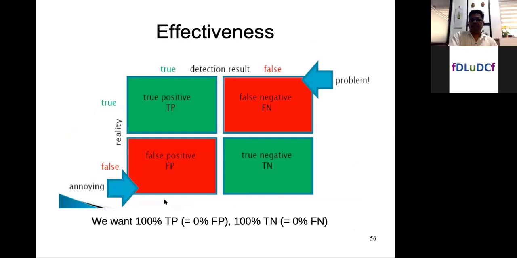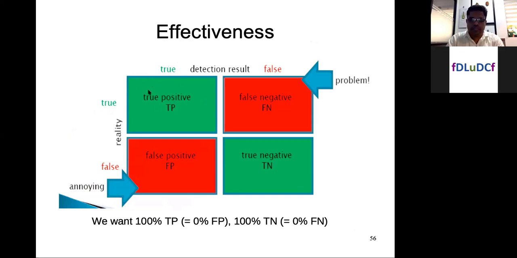When you evaluate any IDS system, you use this matrix, as you may know. On this side we have reality, and on the other side we have the detection result. In reality, if it is true and true, that means true positive. True positive means there is no attack, so obviously no detection.